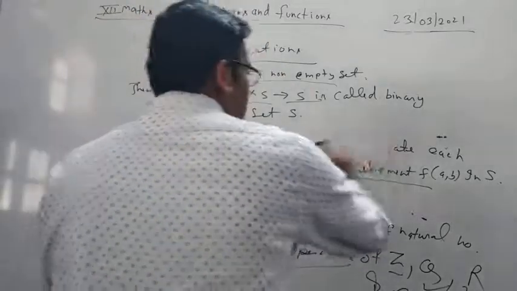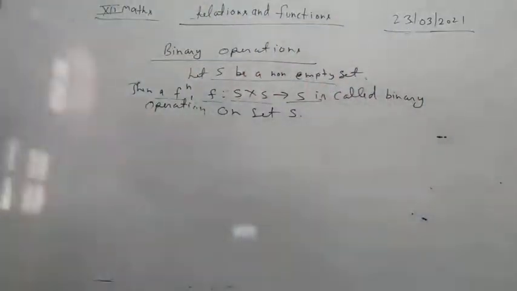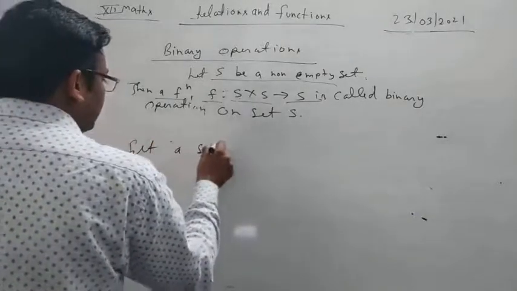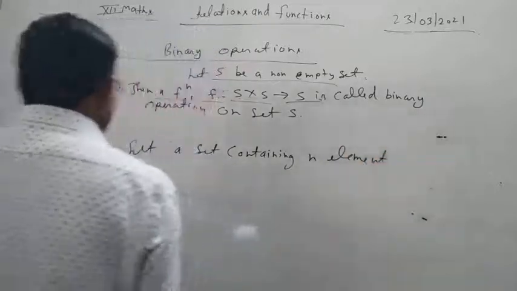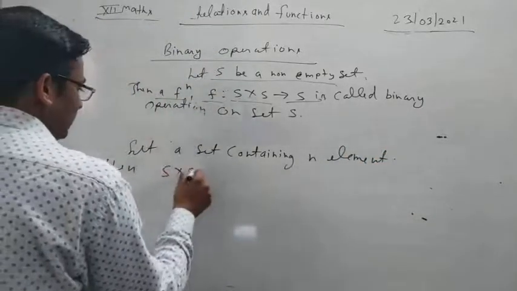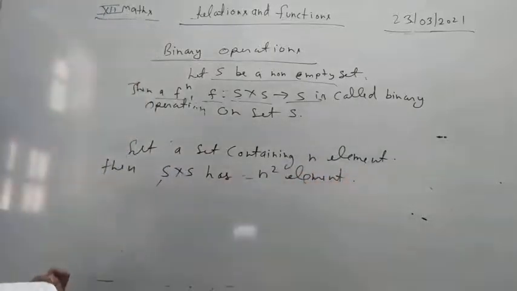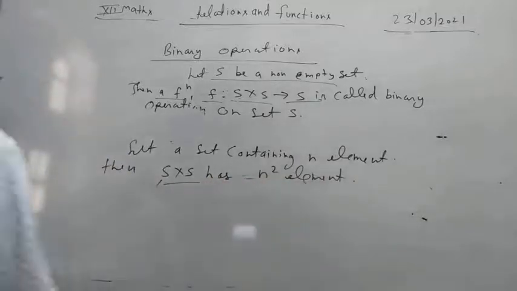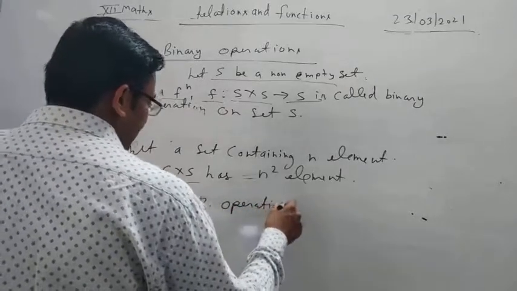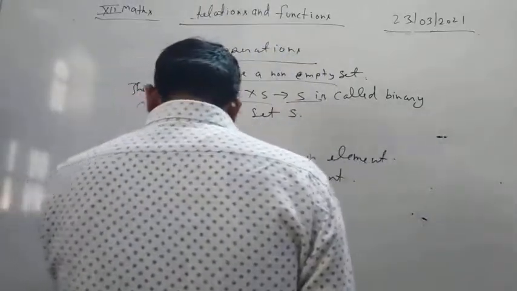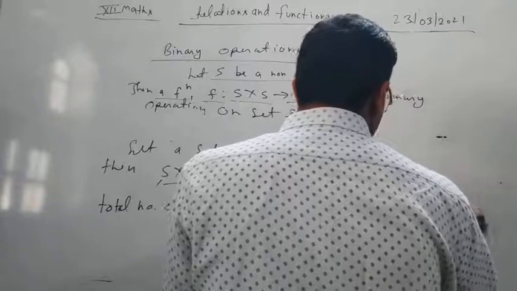If a set S contains n elements, then S cross S has n square elements. So the total number of binary operations on set S is equal to n to the power n square.